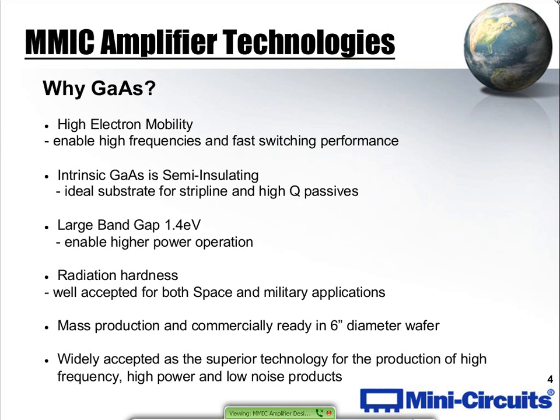We're capable now of Fmins in the neighborhood of 0.18 dB, measured noise performance. We also can use it for its high linearity. We can get third-order intercept points for 150 milliamps of current. We can drive IP3s to plus 42, plus 43 dBm. So it's an ideal material for us to leverage a large variety of different designs to cover a lot of different applications, and that's why we select GaAs.